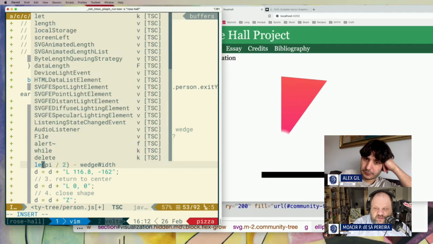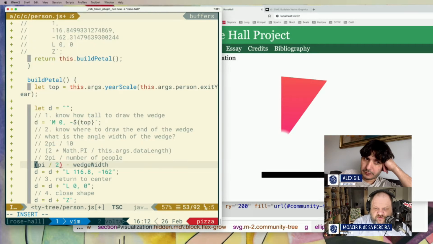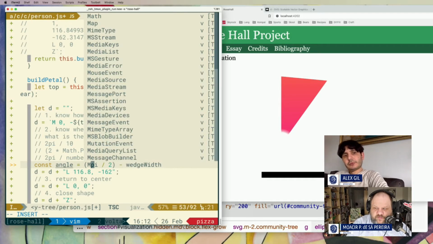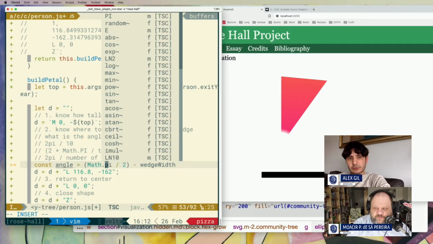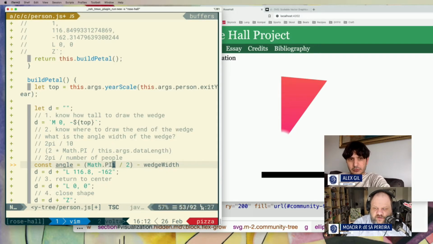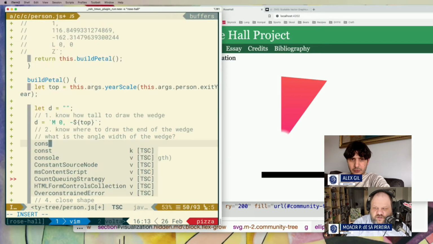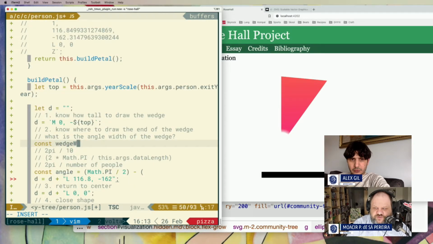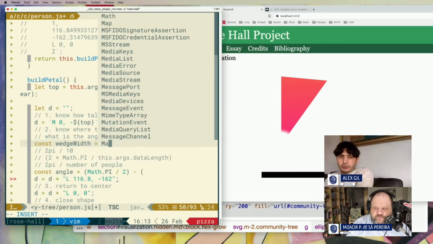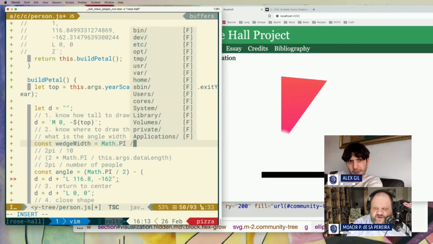So const angle is equal to Math.PI divided by 2 minus the wedge width. So const wedgeWidth equals Math.PI times 2 divided by 10, which is pi divided by 5.